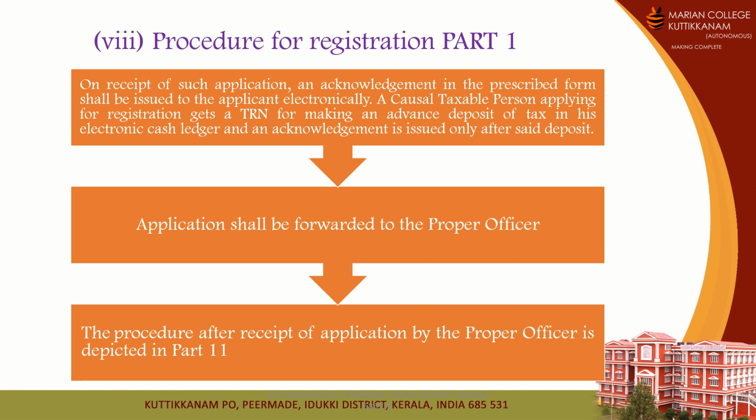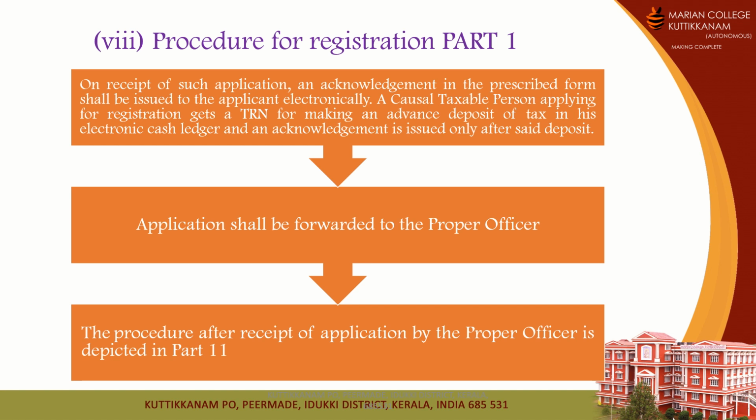In case of a casual taxable person who is applying for registration, when he gets a temporary registration number, he shall make an advance deposit of tax in his electronic cash ledger with that number. After this particular process only, an acknowledgement will be issued to this person. After meeting this step only, he will receive an acknowledgement.